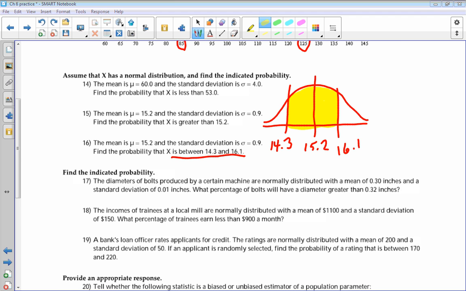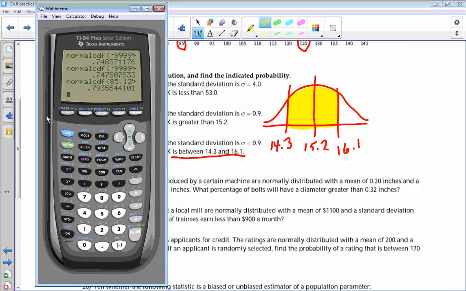On our calculator, again, we're going to do second distribution, cursoring down. My lower end is going to be 14.3. My upper end is going to be 16.1. Mu is 15.2, and if you'll remember, my standard deviation is 0.9.